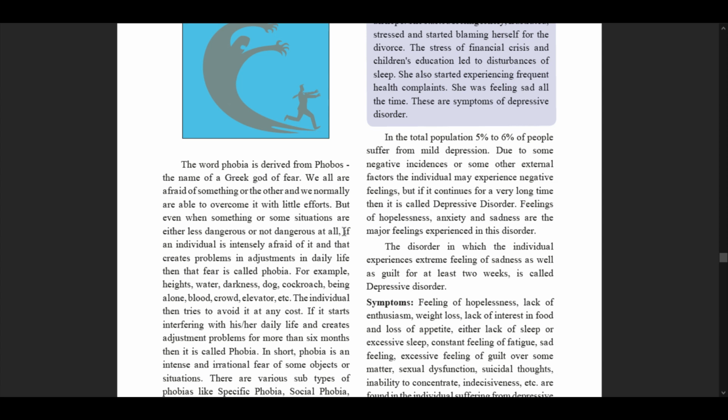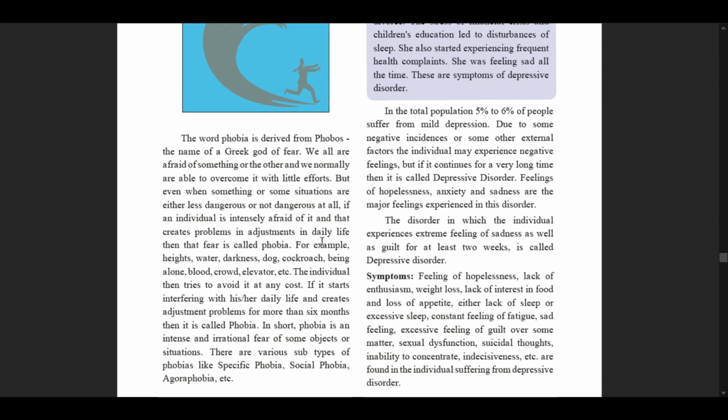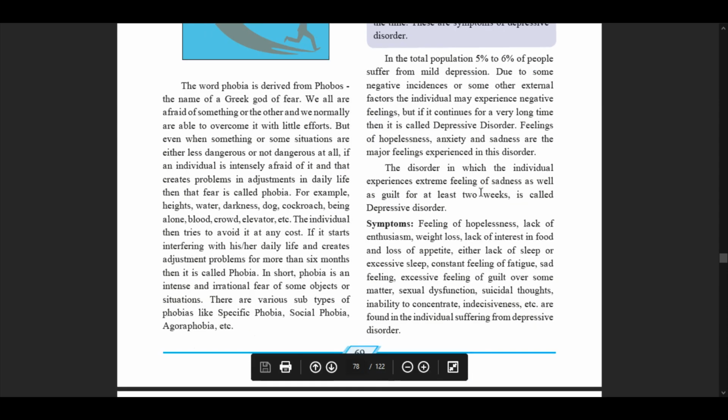If it starts interfering with his or her daily life and creates adjustment problems for more than 6 months, then it is called a phobia. In short, phobia is an intense, irrational fear of some objects or situations. There are various subtypes of phobias like specific phobia, social phobia, agoraphobia, etc.